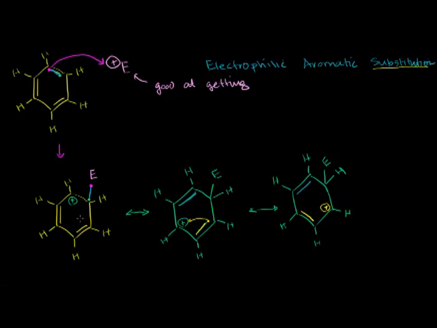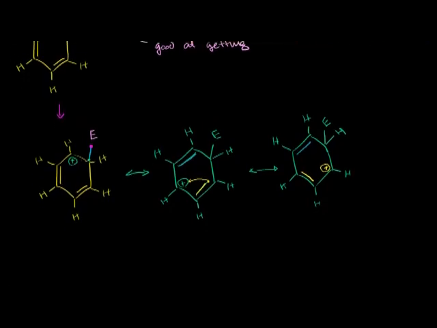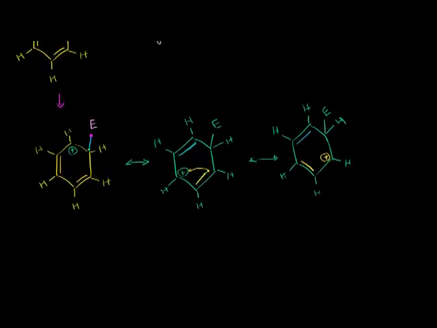And the way it can go back to that really stable state is somehow an electron can be added to this thing. And the way that an electron can be added is if we have some base flying around, and that base nabs this proton right here that's on the same carbon as where the electrophile is attached.